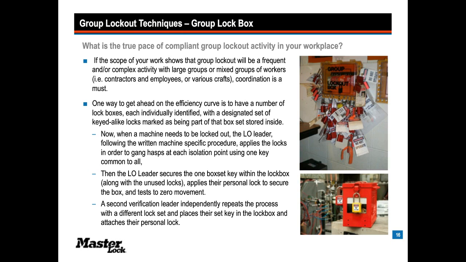And indeed, it's been locked out. And when I concur, I'm going to put my verification lock in place and then move down the machine progressively, so that each lockout point will have the primary lockout leader's lock on it and the verifier's lock on it. Both those keys to those machine locks will go into the group lockbox. They will be sealed and locked out.